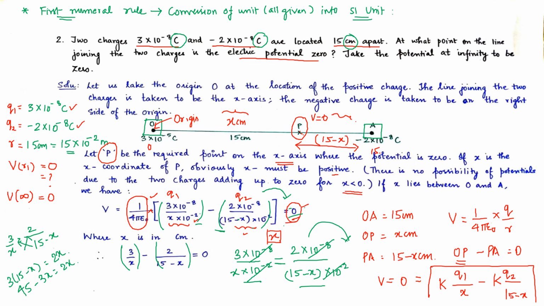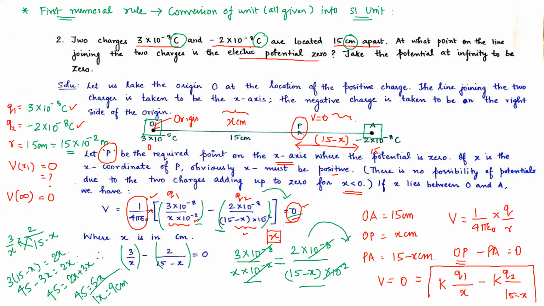We will bring this 3x to the right hand side, as on the left it is minus; when it goes to the right hand side it becomes plus 2x plus 3x. Now 45 equals 5x, and hence x will be 9 centimeter.